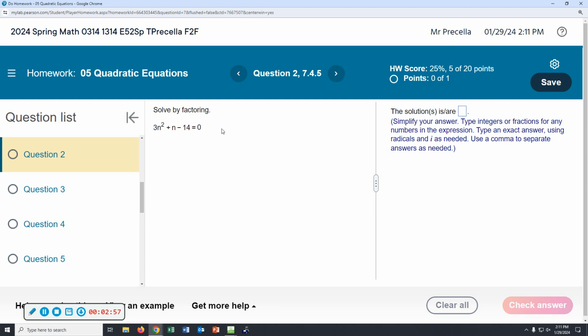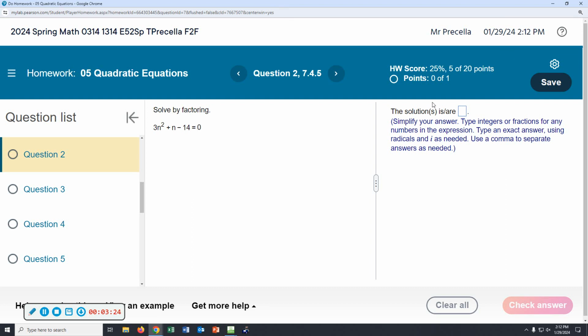So let's see, problem 2 on this lesson. Well, it's the 4th lesson, but it's the 5th assignment because you have that practice test. Let me write it down. It says solve by factoring: 3n squared plus n minus 14 equals 0.